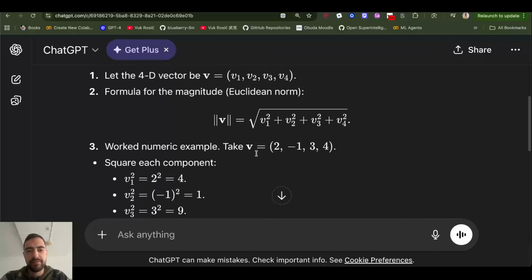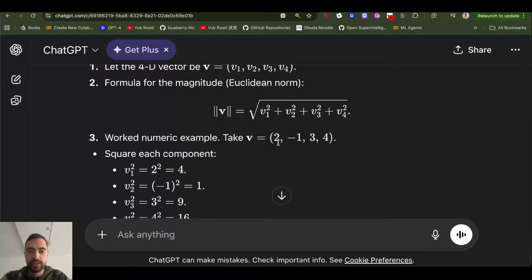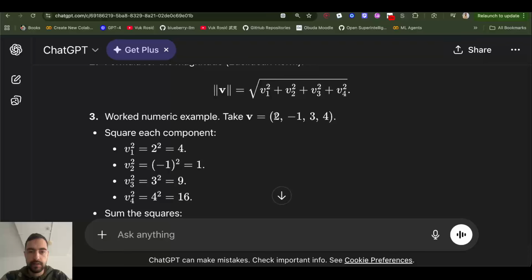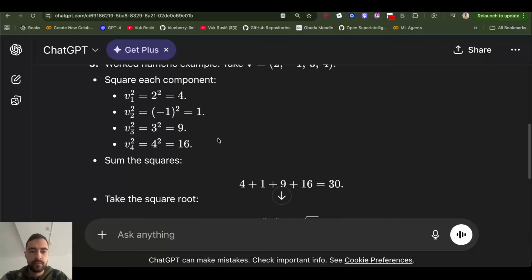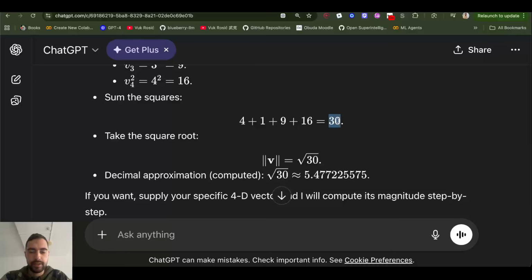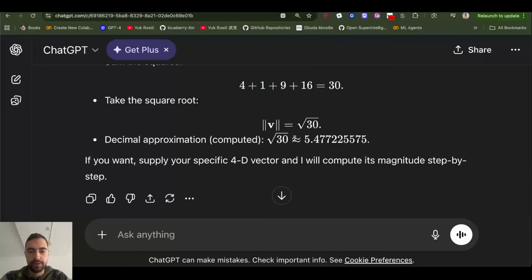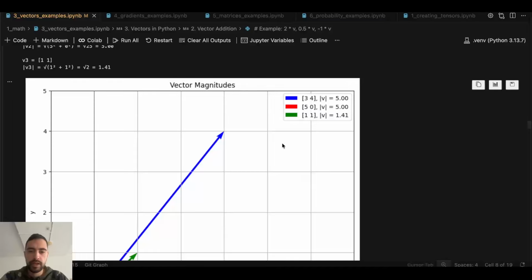So let's say we have a vector that has 4 dimensions. Let's say this is the vector. Then we just square each dimension and sum them up. Let's say it's 30, the sum of all the squares. Then take the root of 30, and that's the length, the magnitude of your vector. So it's always the square root. It's not a 4th root here, it's always the square root. Here are some examples.